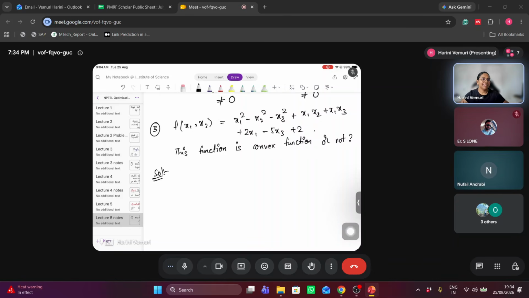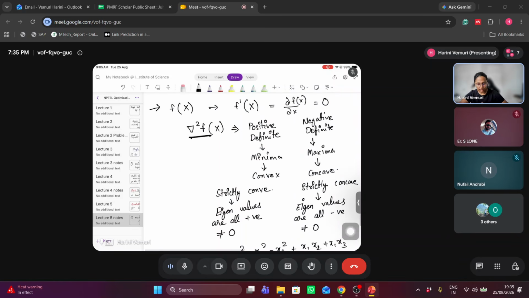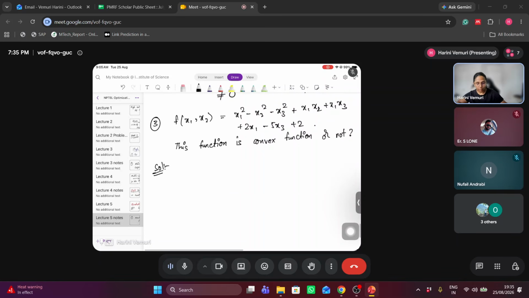It can be in one particular direction, but that doesn't mean the entire function has to be convex in all the directions because it's a three-dimensional question. So for this case, like I have discussed, you can use the Hessian matrix to understand whether it's a convex or concave function.